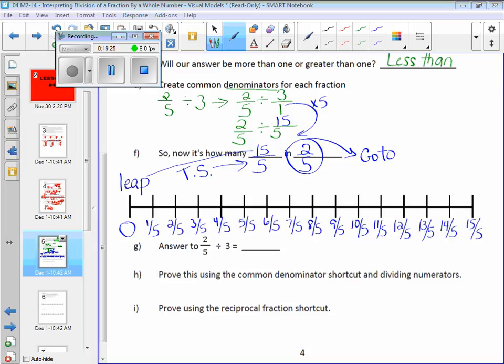Now, this is not meant to confuse you. However, this is kind of my thought process. You take your original division expression, and I'm very visual, so I look at it through the alphabet. Go and leap. Go to and leap.